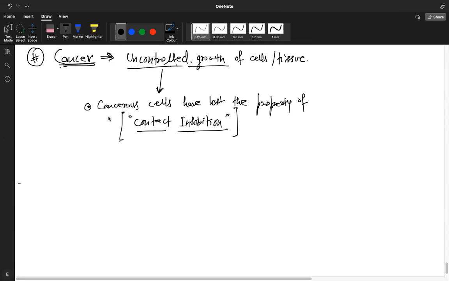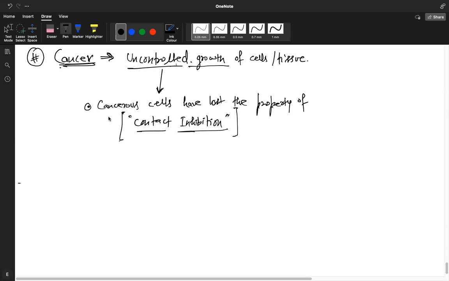So they do not get inhibited upon contact. They continue dividing. That's why they become a tumor, and they break the layer and come out as a tumor. Even invade the nearby tissues and start damaging those tissues as well. Do you understand? Yes. Sir, is it always necessary that if a person is cancerous, he will have a tumor?